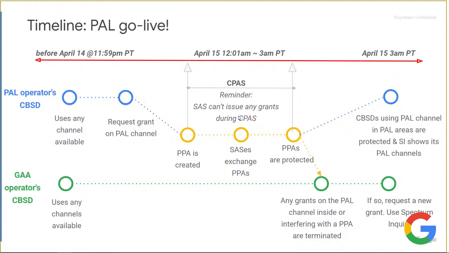The important thing here is to ask your device manufacturer if they support simultaneous multiple grants. The ideal situation would be that you can proactively request a second grant that's not on the PAL channel. That's one way to help with that scenario.